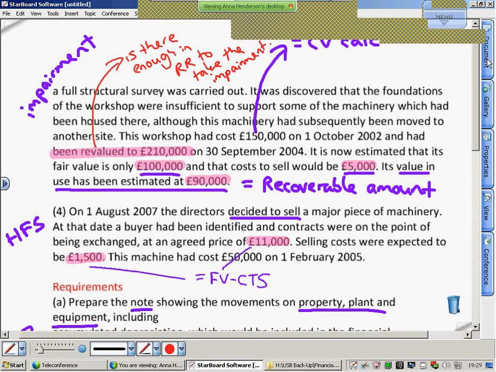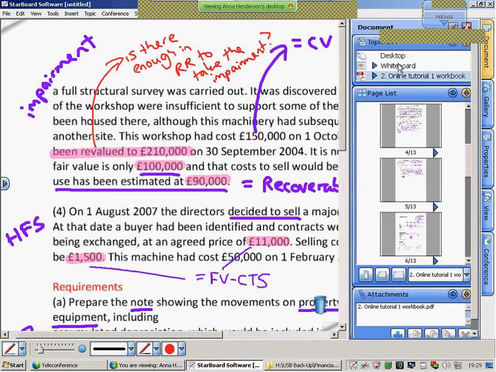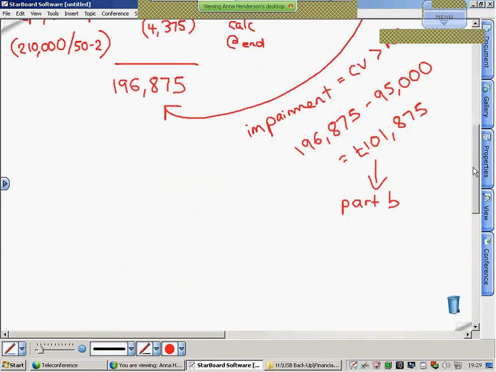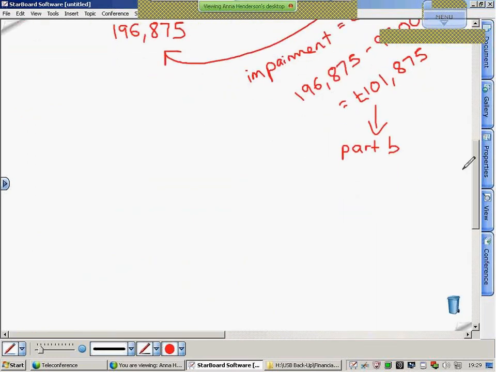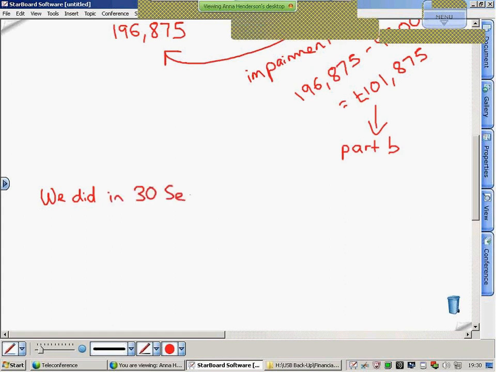So that is what we did in the question at the 30th of September.